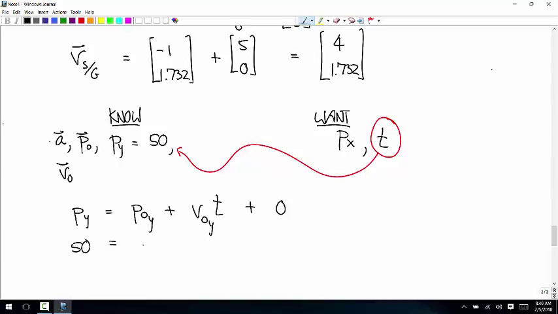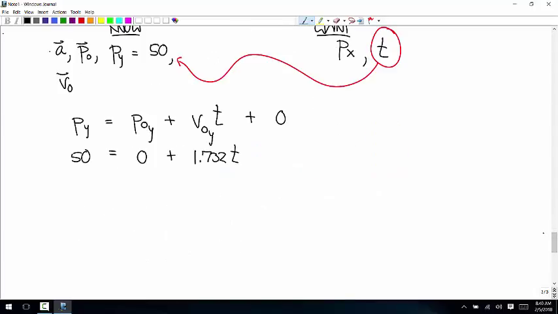So 50 is equal to 0 plus 1.732 t. So t is equal to 28. Wait. Yeah, 28.87. Yep.